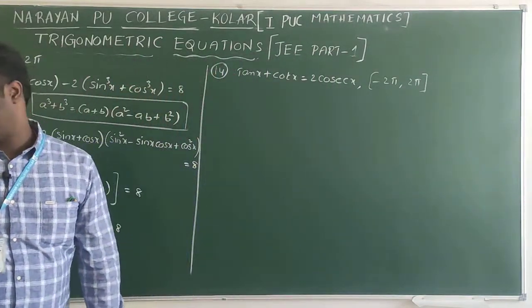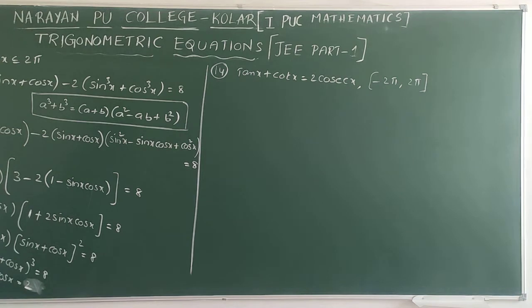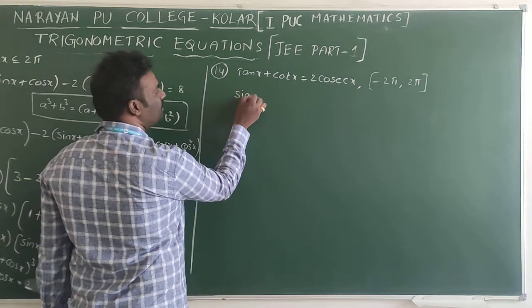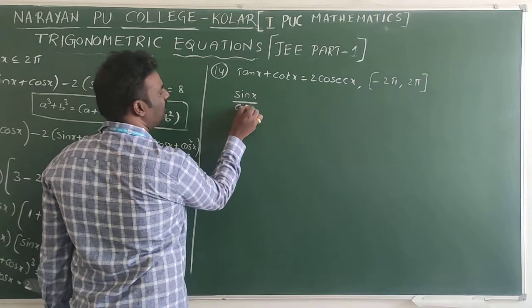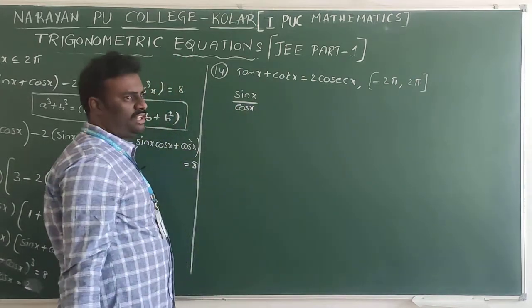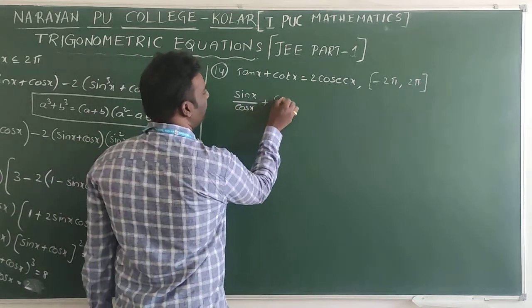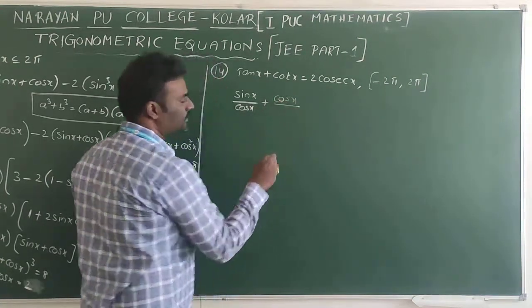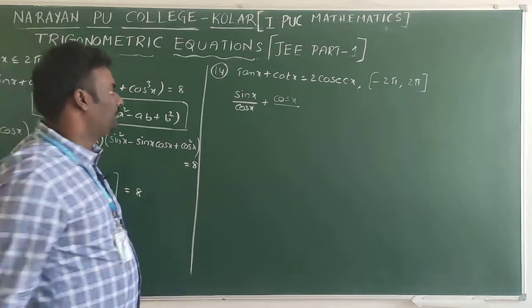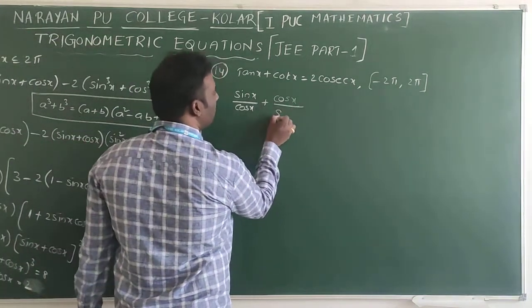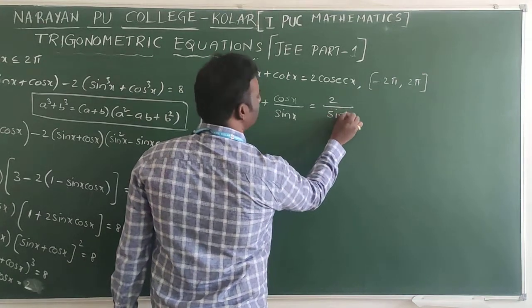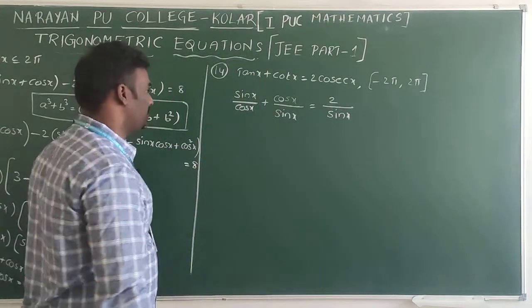Now this can be written as sin by cos, plus cot is 1 by tan, so cos x by sin x, equals 2 by sin x.